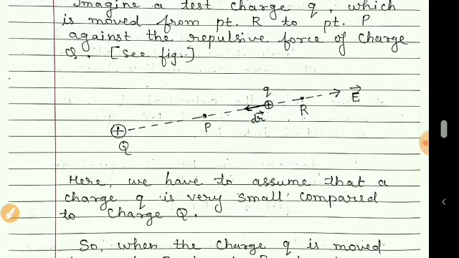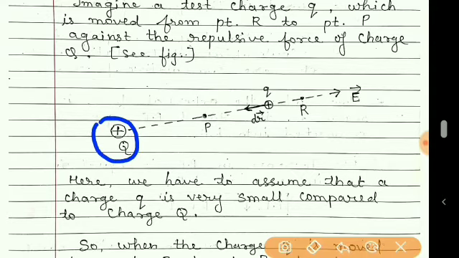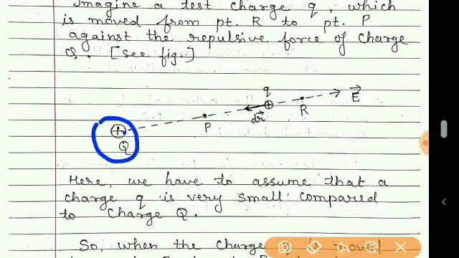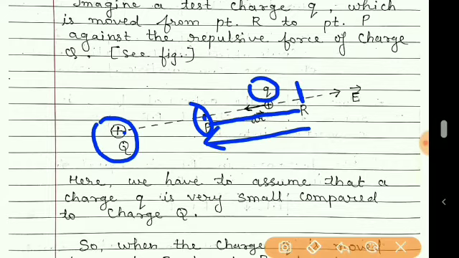Once again, understand this figure. Here a positive charge Q is kept stationary, fixed at its position. Due to this charge particle there is an electric field which is shown by this, and we have taken a test charge Q at point R initially, and then it is moved along this radial path towards point P. So it covers in all this much distance.